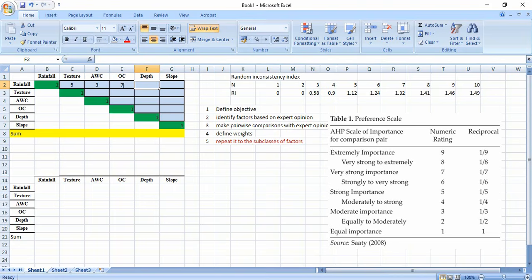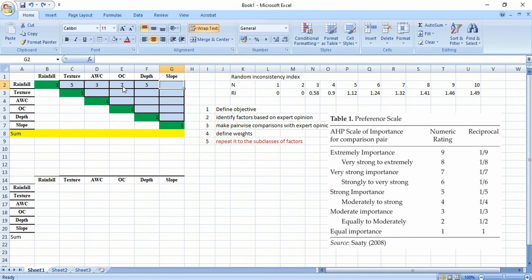In that case you can have 5 or 6 or anything. Suppose the crop is different which needs higher depth, then depth may be more important. So in that case you have to write just reciprocal of this. So 1 divided by 5. So I am coming back to the original for this objective.